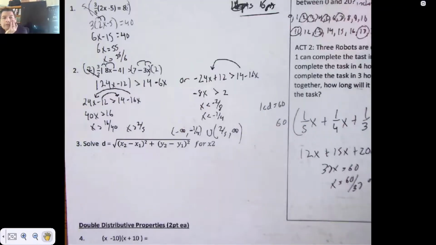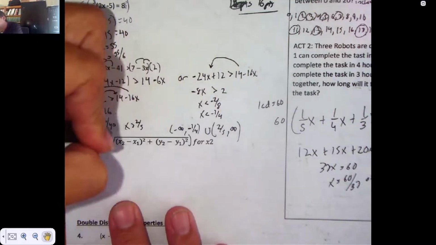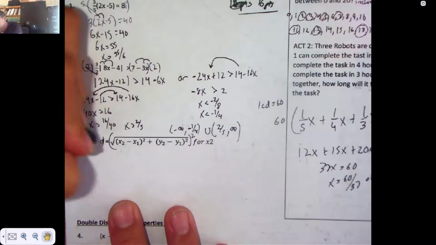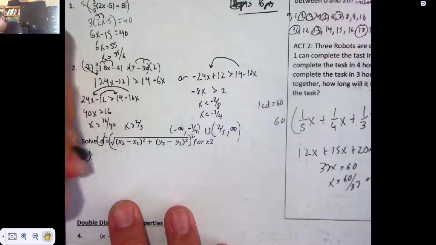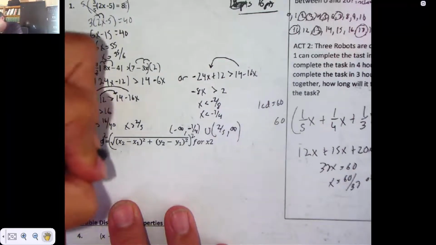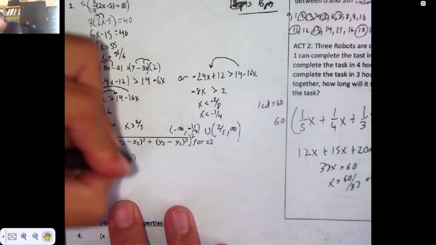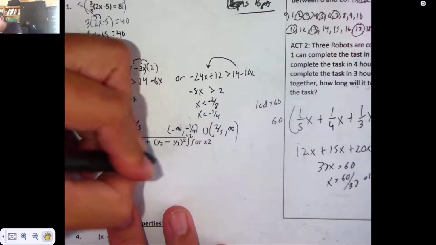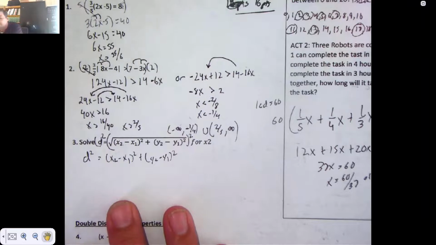3. Solve d equals the root of x2 minus x1 squared plus y2 minus y1 squared for x2. So this is the third rendition of this. Square both sides to eliminate that master radical. d squared is x2 minus x1 squared plus y2 minus y1 squared.